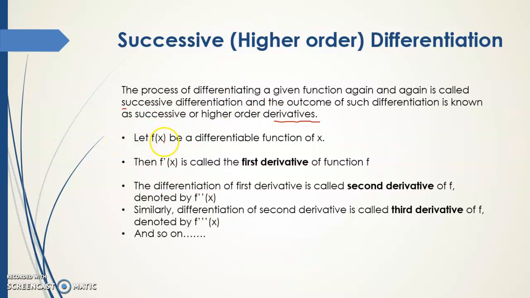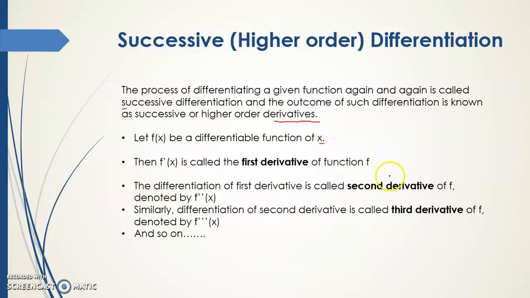Suppose your function f(x) is a differentiable function of x, then f dash x is your first derivative of the function f. Whatever rules we have learned so far in order to derive the derivative, all these are the first derivatives.